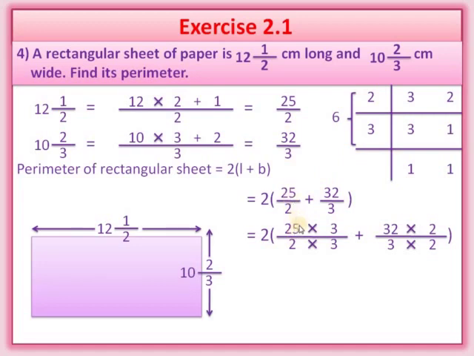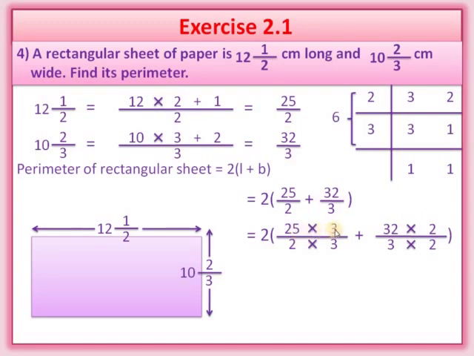Clear? So we will multiply in the numerator and denominator also. So 25 multiplied by 3 upon 2 multiplied by 3, plus 32. Here the denominator is 3, so we will multiply by 2 in the numerator and the denominator both.